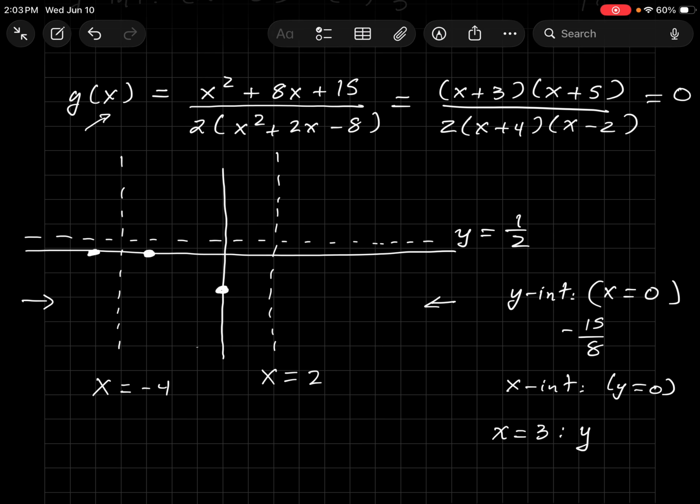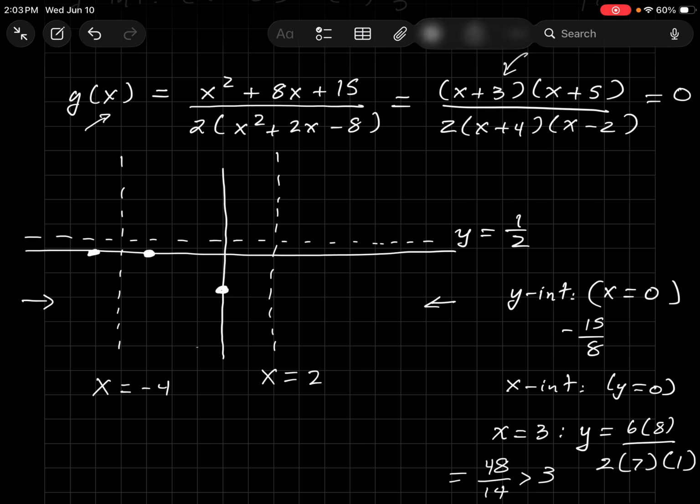So when x equals 3, we get y equals, and I'll plug into the factored form, I get 6 times 8 over 2 times 7 times 1, which is 48 over 14, which is a little bit bigger than 3. So let's plot that point. I get 3 and then something over here.